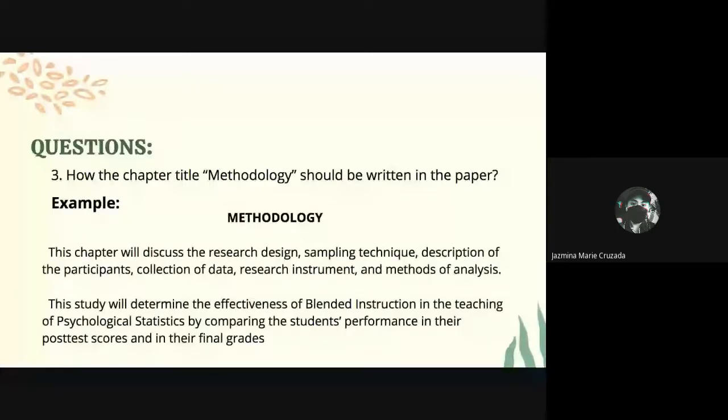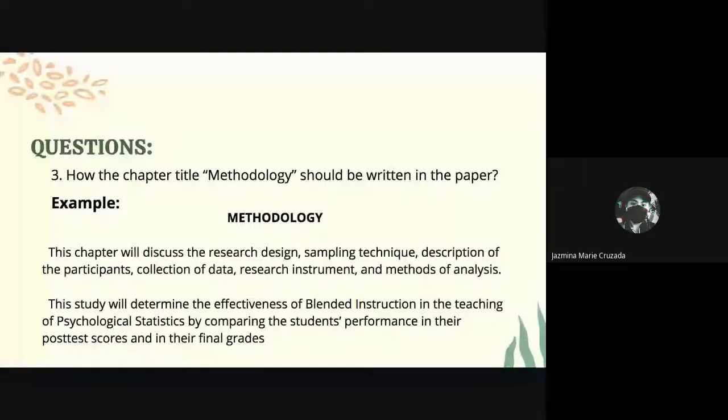Okay, for the last question, how should the chapter title methodology be written in the paper? The chapter title methodology should be written at the center of the page. An introduction statement is written after 3 single spaces below the title, stating the content of this chapter. So here is an example.